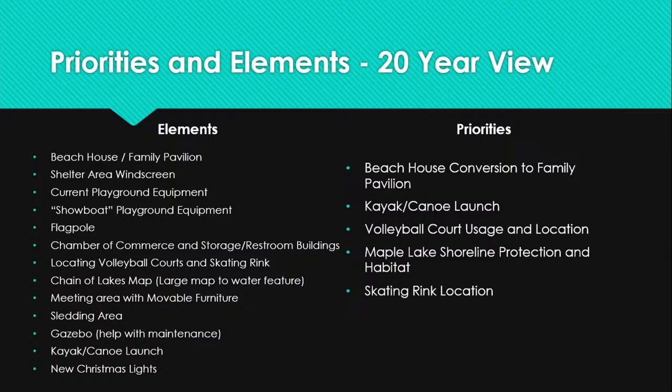That could take the form of anywhere from a picture on the wall to a layout of the chain of lakes on the ground, all the way up to a water feature where there's maybe even a splash pad for children playing on top of a map of the chain of lakes. So there's lots of options and things to think through there, both maintenance and what's appealing to the town and to visitors.